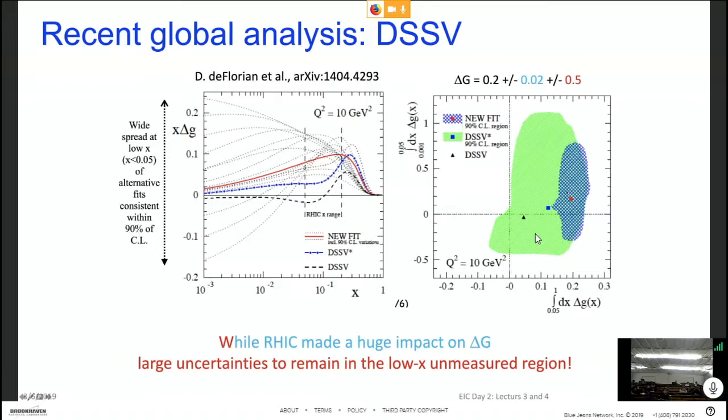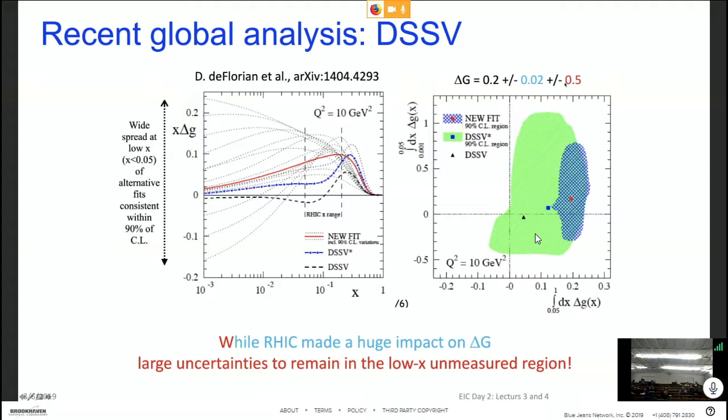So the green becomes the horizontal blue. However, because we did not take any new data in the low x region, below 0.05, it makes no difference there. So there the uncertainty is still very large.